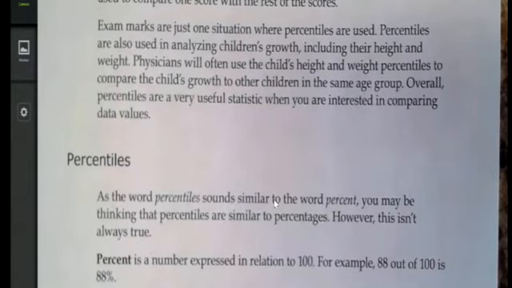So, let's write a definition of percentiles, first of all.